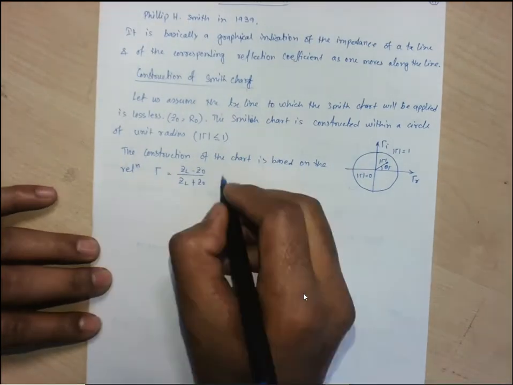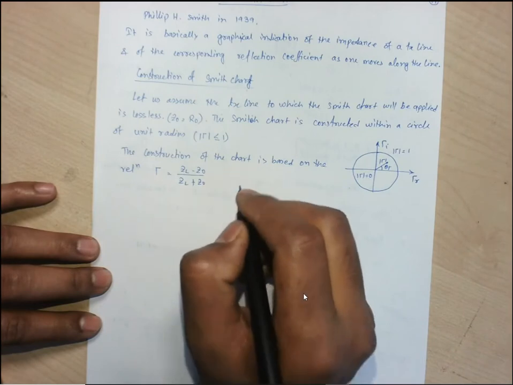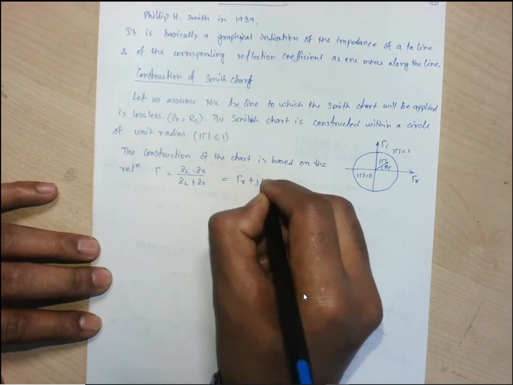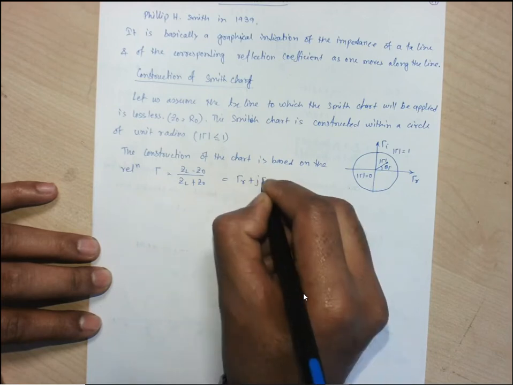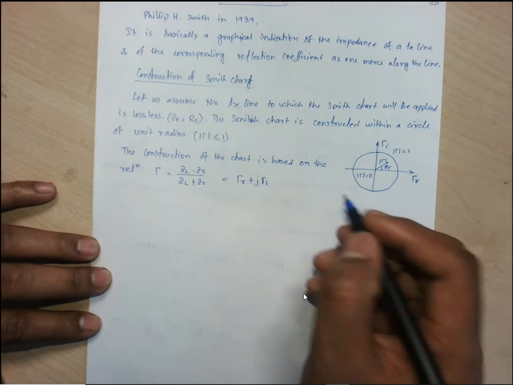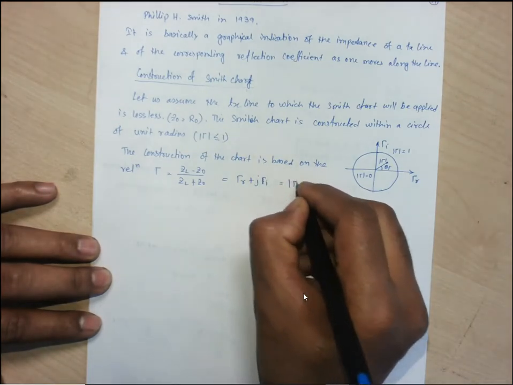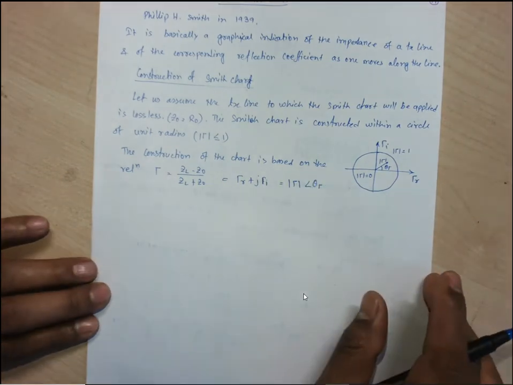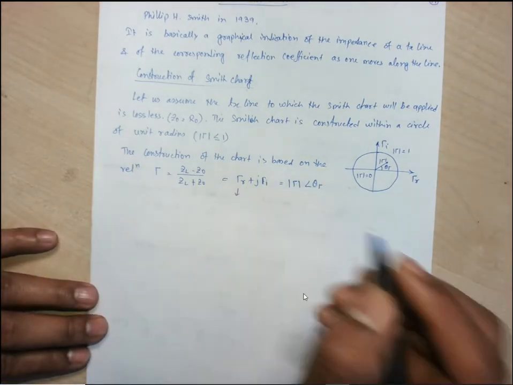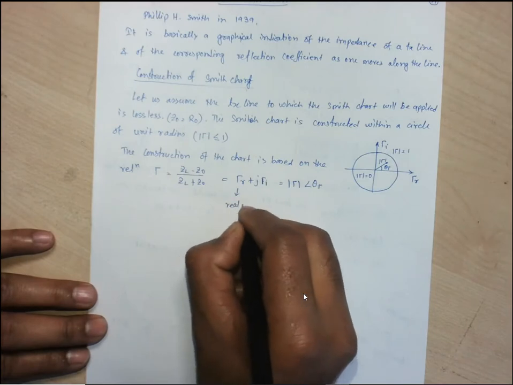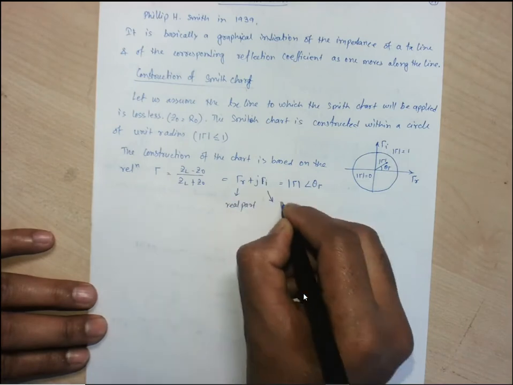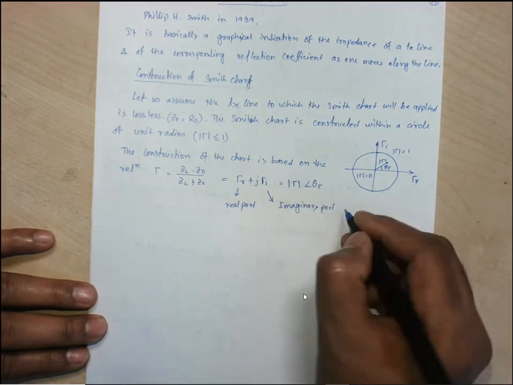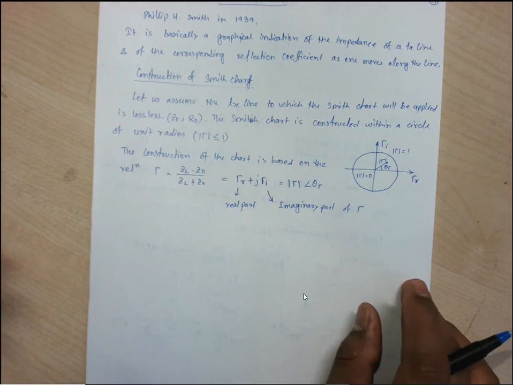This gamma can be written as gamma R plus j gamma I, and we can also go with the polar form, that is gamma having some angular value theta. Obviously this one is the real part and this one is the imaginary part of the reflection coefficient gamma.